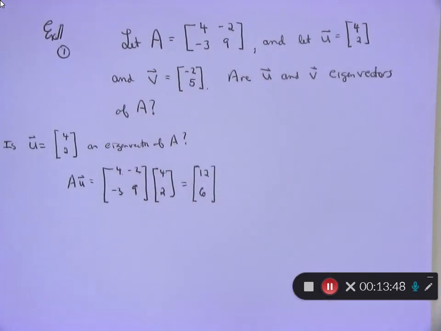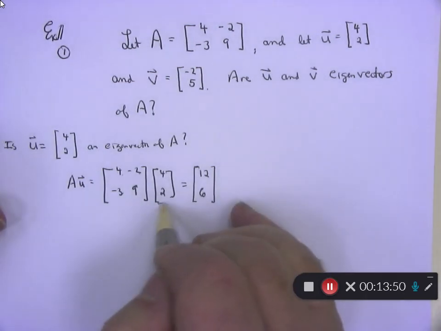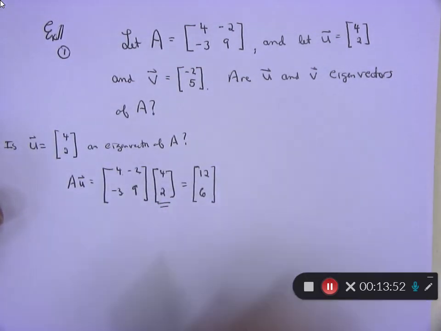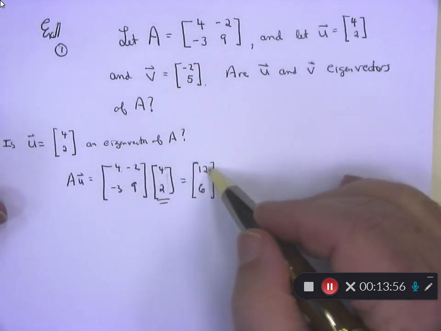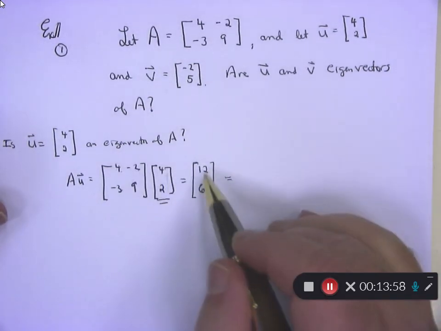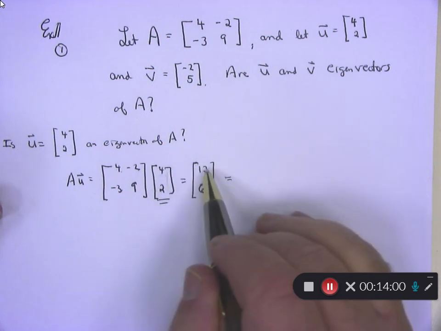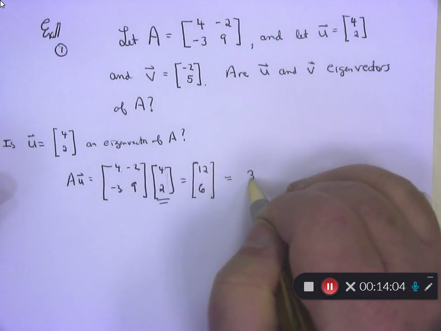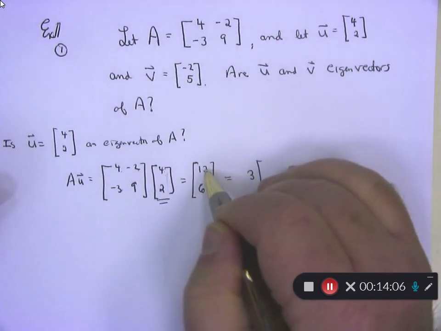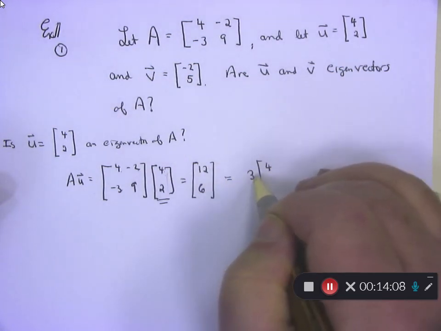What does that tell me? Now, I'm trying to get the original vector back again. Yeah, I know I could factor a 2 out of this guy. Don't care. All I want to do is get the original vector back again and compare to this guy. Now, what do I need to factor out of 12 to be able to get a 4? 3. So if I pull that 3 out, that would make this component 4. So 3 times 4 is 12.